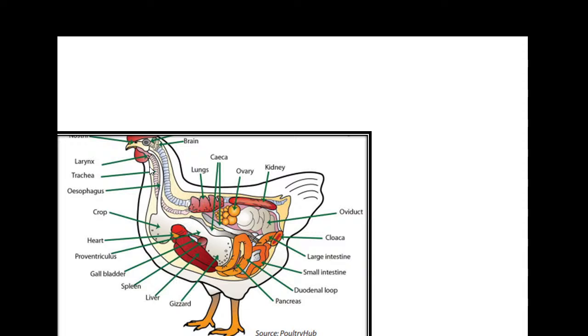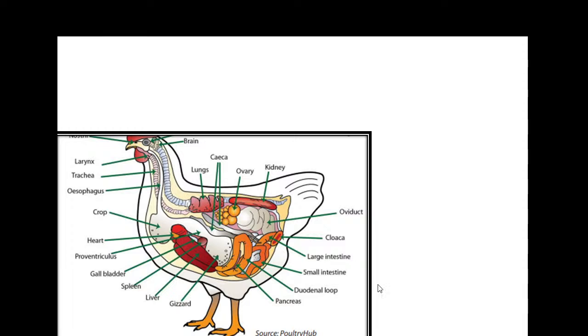This is the overall structure: the larynx, trachea, esophagus, crop, that is the digestive system, then heart, gallbladder, spleen and liver, and gizzard, which is known as the grinding mill of birds. Then pancreas and gizzard are the structures which are associated with the digestive system. And here you can see the lungs.